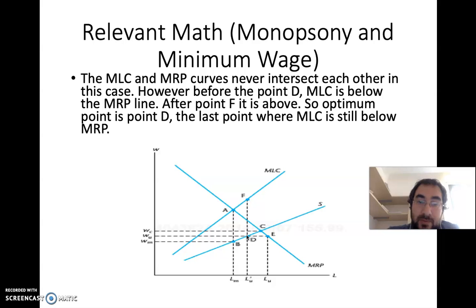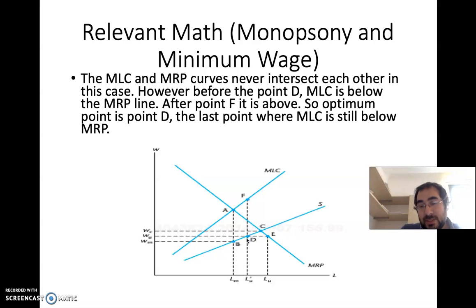Minimum wage makes the company increase labor because when you pay the initial workforce, at a low level of employment, a higher wage, the cost of hiring more workers decreases for the company.